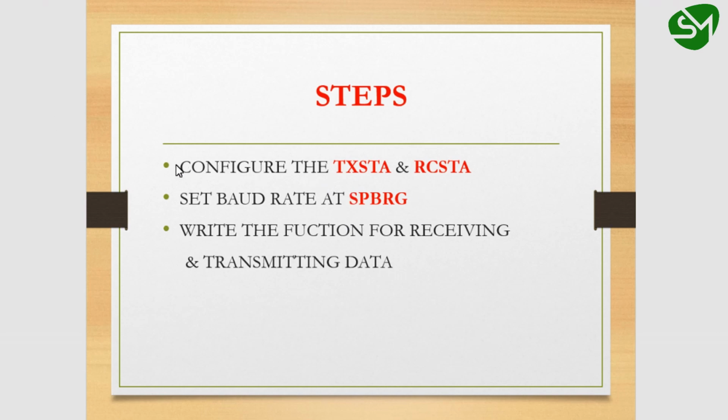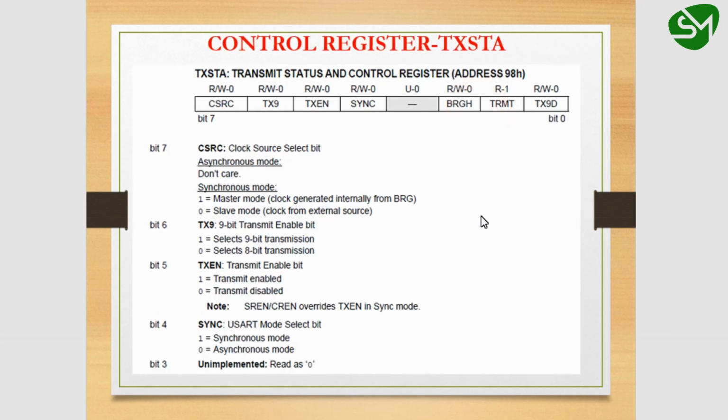These registers are available in the datasheet of PIC16F877A. The datasheet is provided in the download section of this video. You can download it using the link provided. So we are going for the first step. This one is the TXSTA, that is the transmit status and control register.